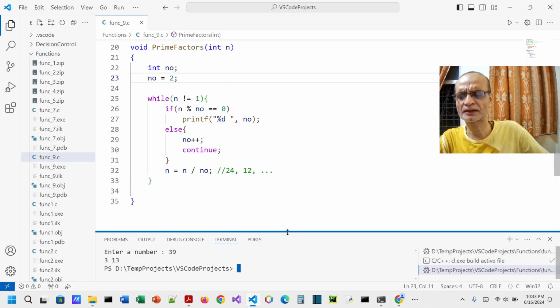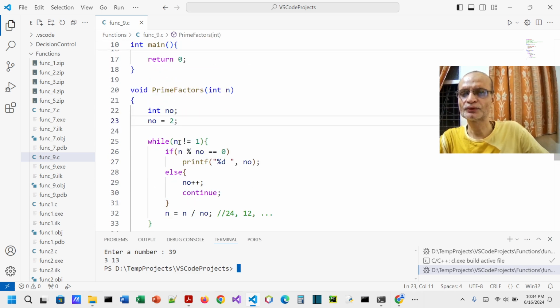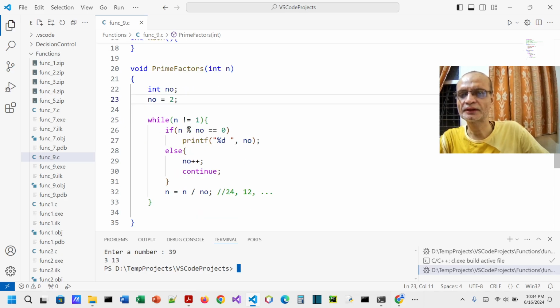Let's take this and understand the code. So when the entered number is 39, you started with 2, and 39 mod 2 is not equal to 0, so obviously no was made 3, and then it continued.